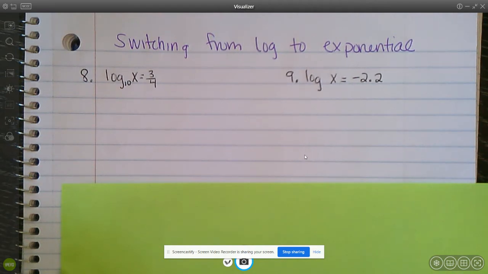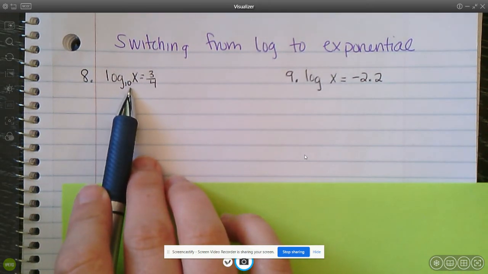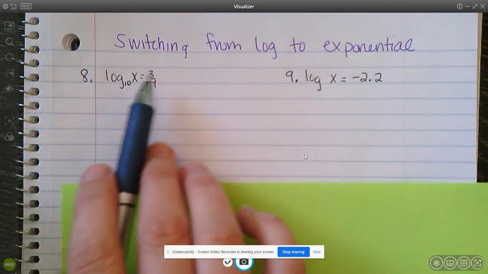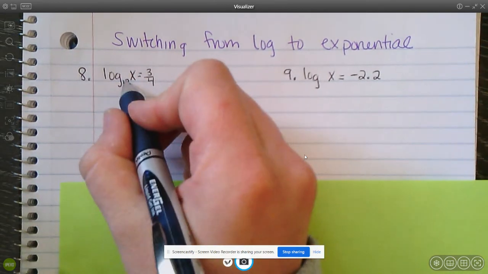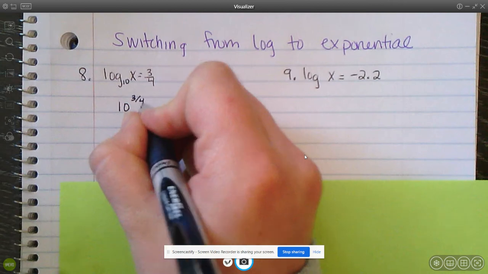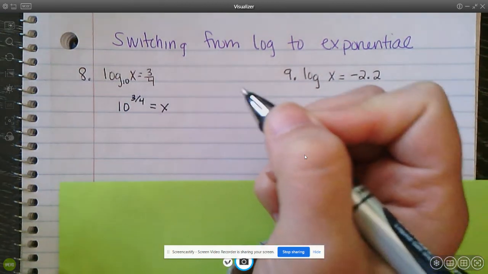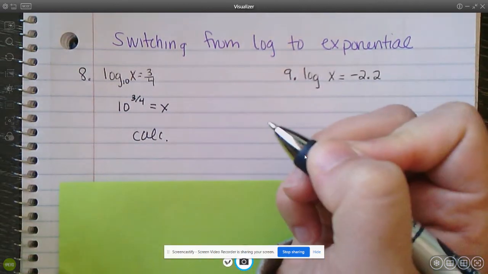So this is saying 10 to the 3/4 equals x. What we just did was write it in exponential form without even knowing it. So if we write this in exponential form, it's 10 to the 3/4 equals x. And you type that into your calculator and you get your answer.